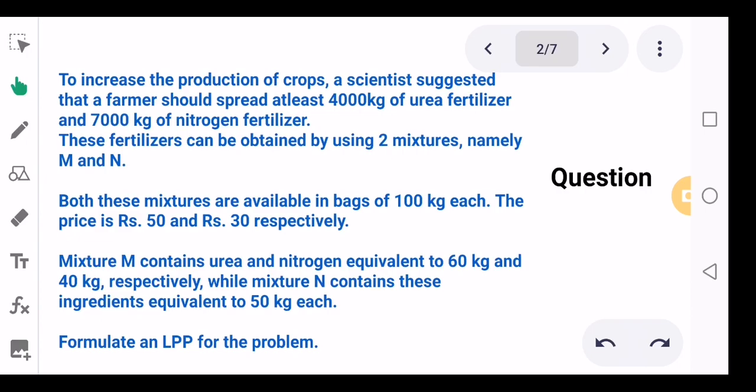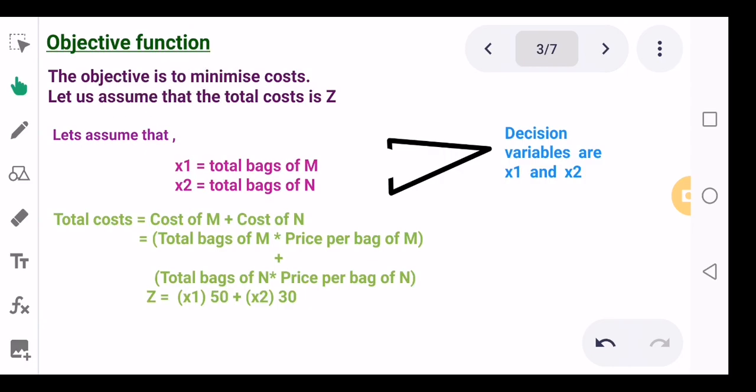Okay, so now let's go to the objective. The objective is to minimize. This is the objective function. The objective is to minimize cost. You have to buy bags of M and bags of N at the least cost possible.